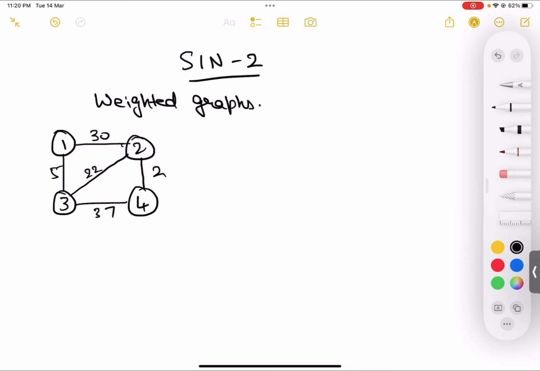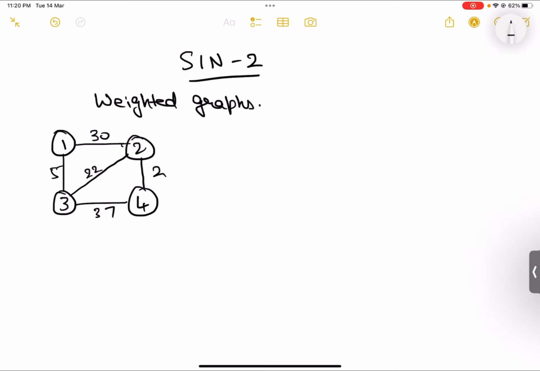Now moving on, let us understand how the adjacency matrix of a weighted graph looks. First let's write down the edge list: vertex 1, vertex 2, weights of the edges.